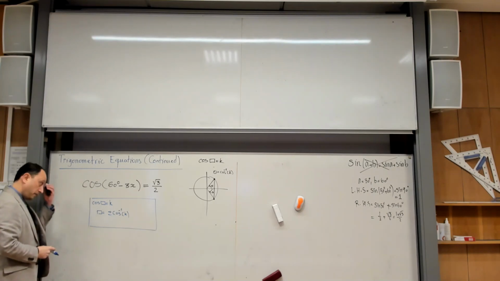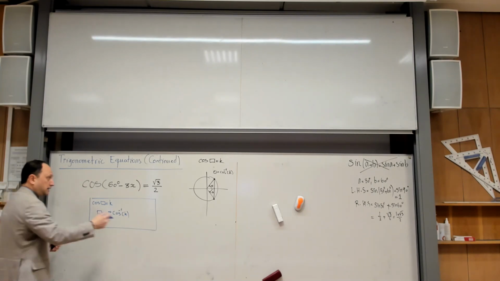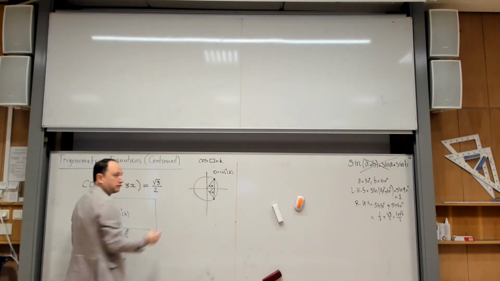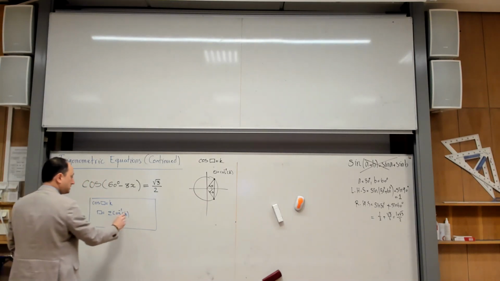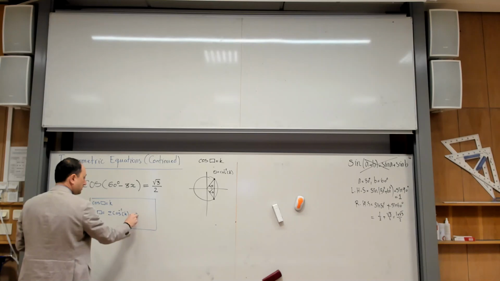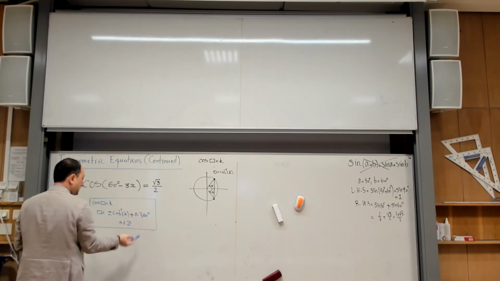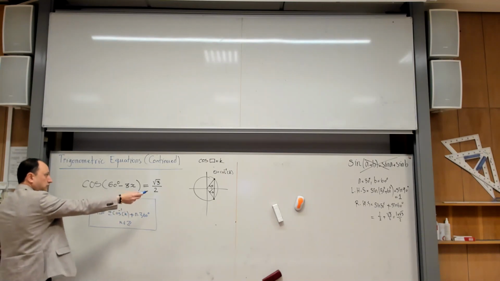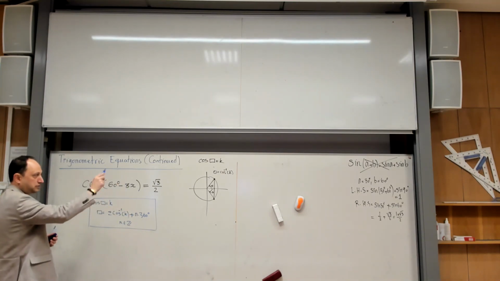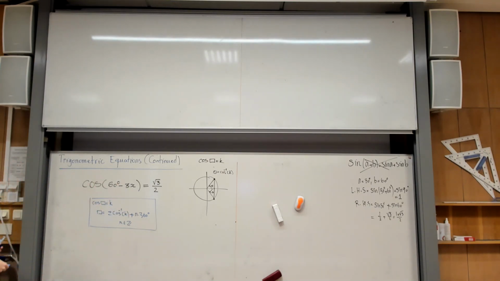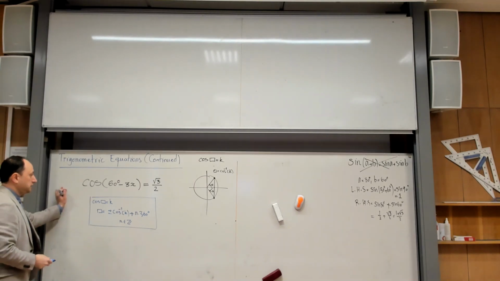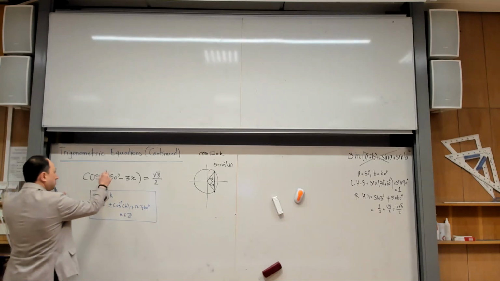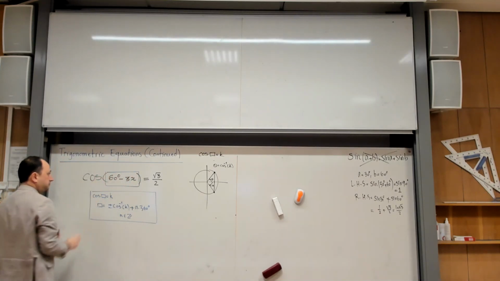So you write plus or minus. And then I told you that it doesn't matter how many full rounds you go around, you will come back to the same point. So this means that you have to write n times 360 degrees, and n belongs to the integers. So this is something that you visualize, or I don't know, sketch it on the paper, and try to understand the formula, and then when you found the formula, you can use it here. But this is now playing the role of your box here.